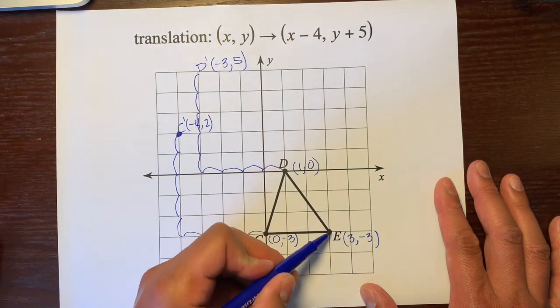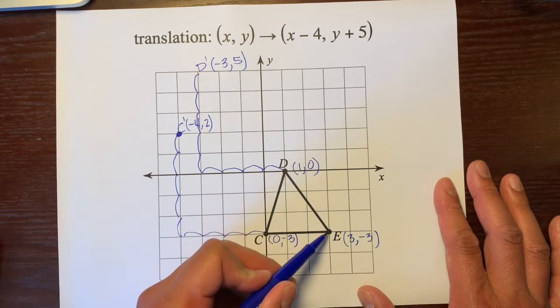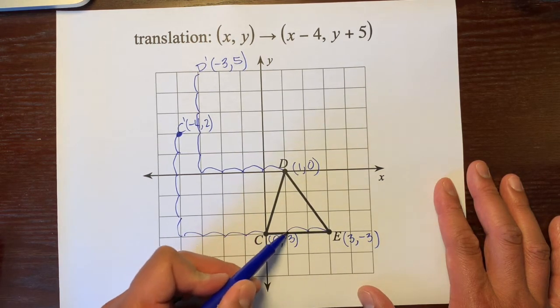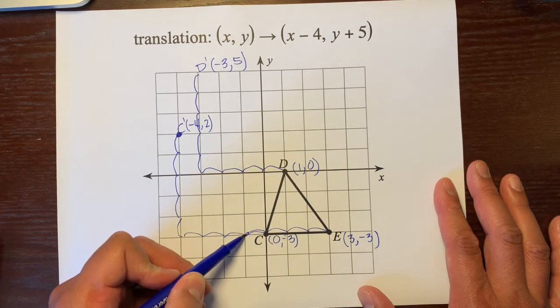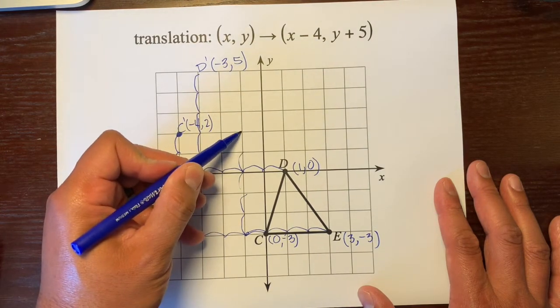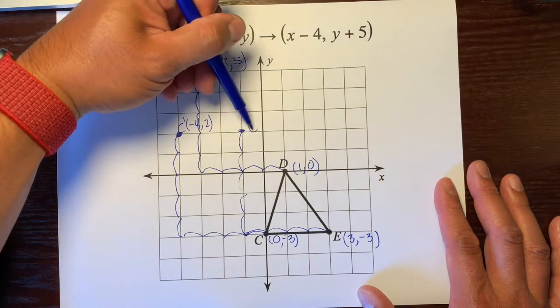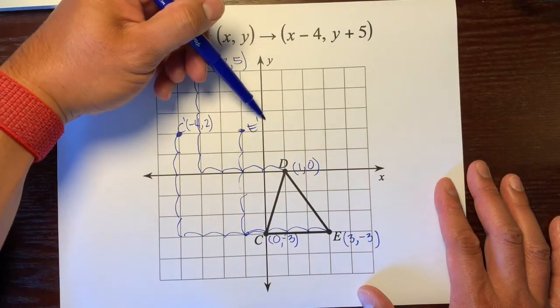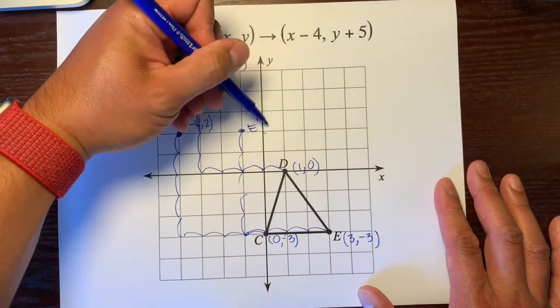And the last one, we'll move E and figure out what E prime is. 4 units to the left, so 1, 2, 3, 4. And then we'll move up 5. 1, 2, 3, 4, 5. So here's our E prime, and the coordinates for this are -1, 2.